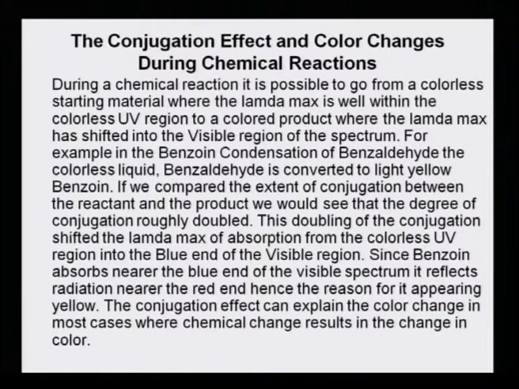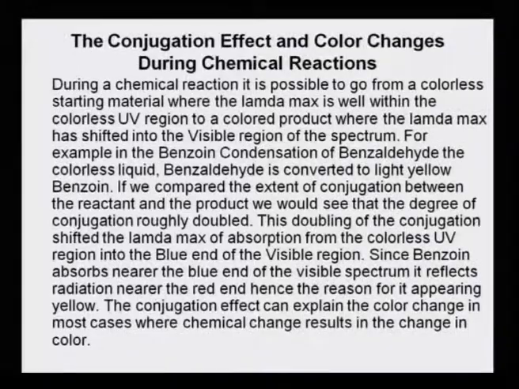If you remember, the UV region was followed by visible, followed by the IR region. Therefore, if a reactant to begin with is colorless, and the product is a colored compound, even they can be analyzed on a UV visible spectrum.